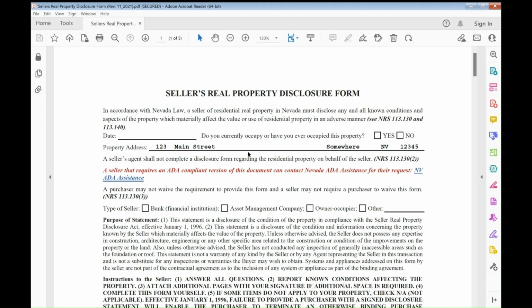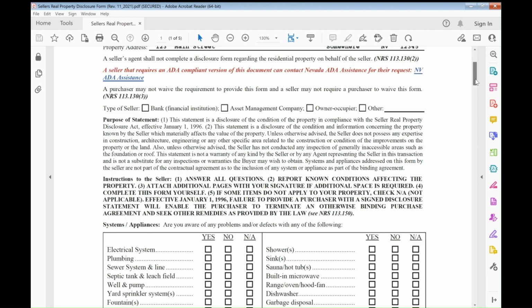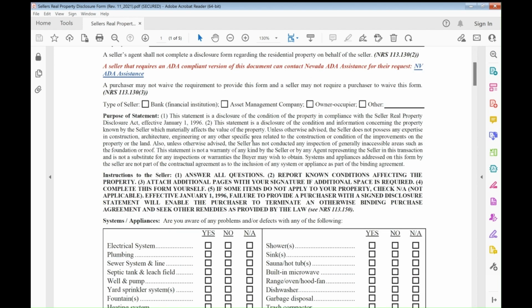As you start at the top here, some of the basics, we're going to find the date, and we'll always see the property address. They're going to ask if you've occupied this property, which gives a little bit more validity to the information being shared. Now, the purpose of this statement is to show the purchasers what the seller knows about the home.